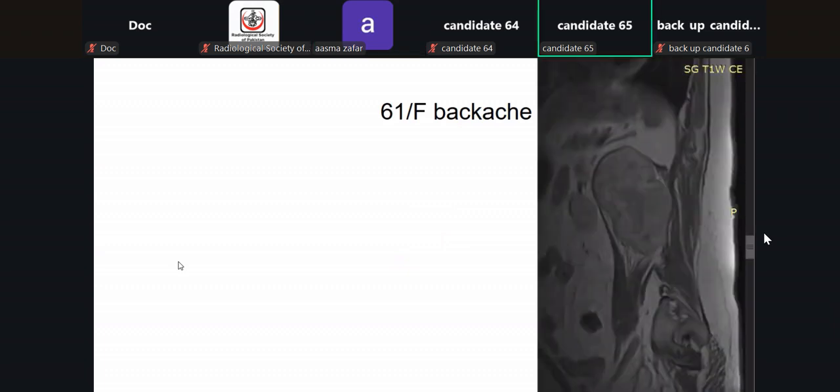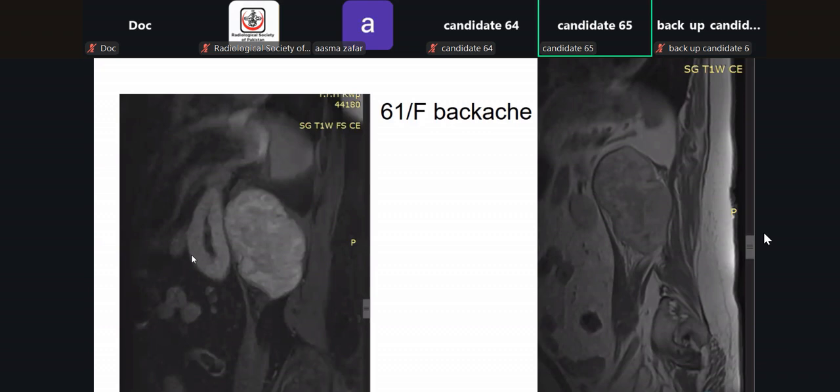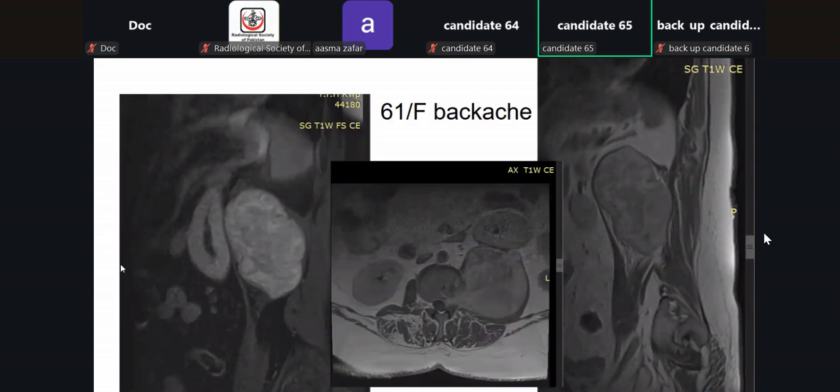Sixty-one years female with backache. I am provided with the T1 sagittal post-contrast images in which I can see there is a large, well-defined soft tissue attenuation lesion, which is avidly heterogeneously enhancing and causing displacement of the adjacent structures.